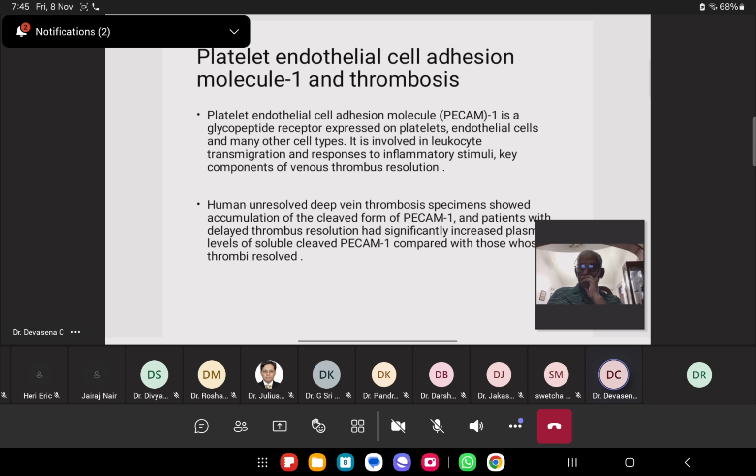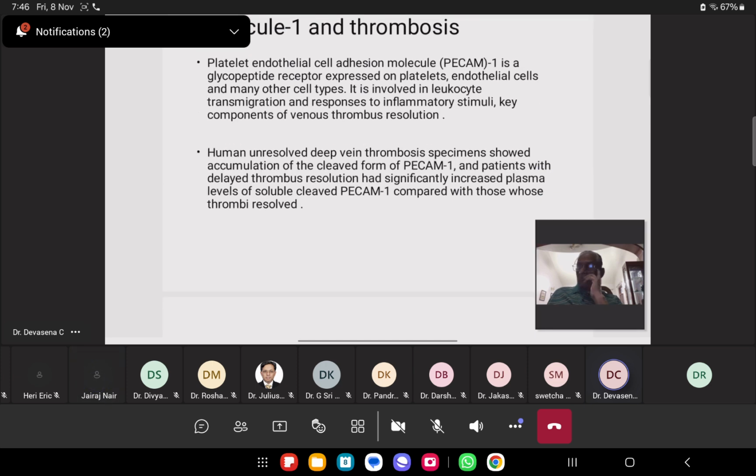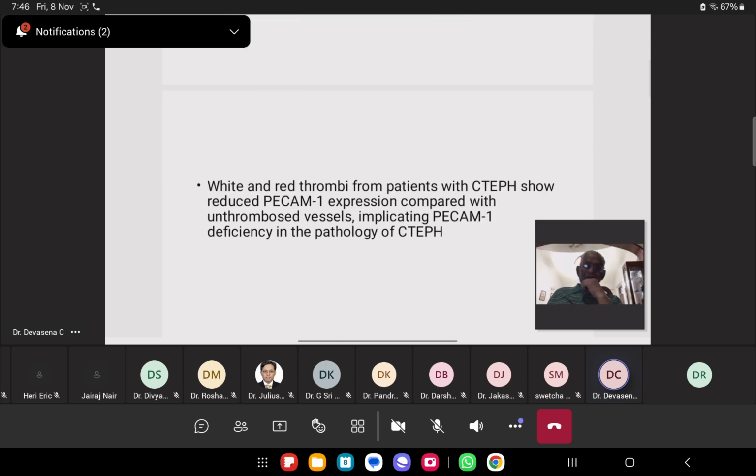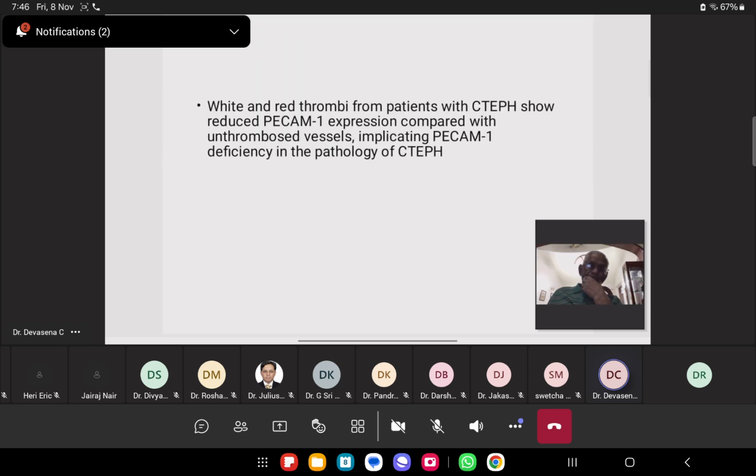Human unresolved deep vein thrombosis specimens showed accumulation of the cleaved form of PECAM1, and patients with delayed thrombus resolution had significantly increased plasma levels of soluble cleaved PECAM1 compared with those whose thrombi resolved. White and red thrombi from patients with CTEPH show reduced PECAM1 expression compared with unthrombosed vessels, implicating PECAM1 deficiency in the pathology of CTEPH.